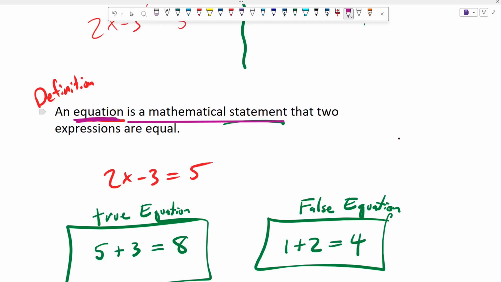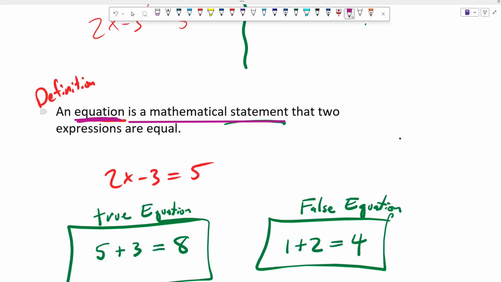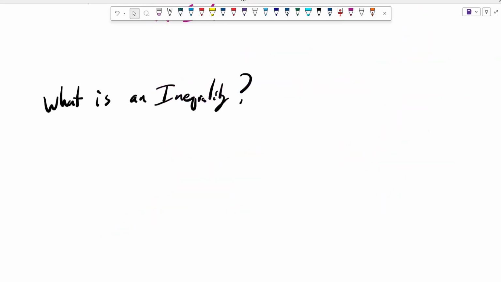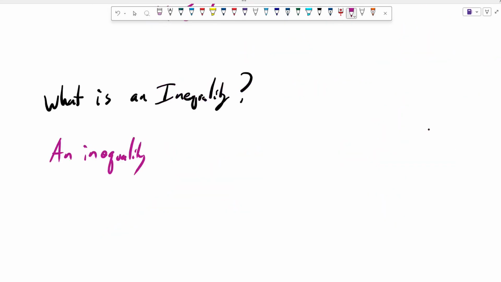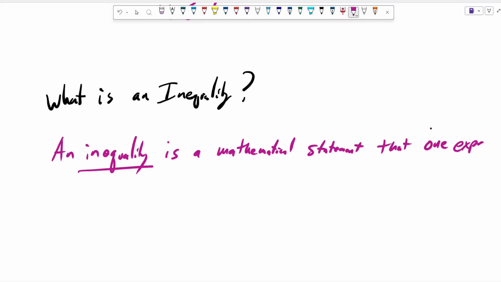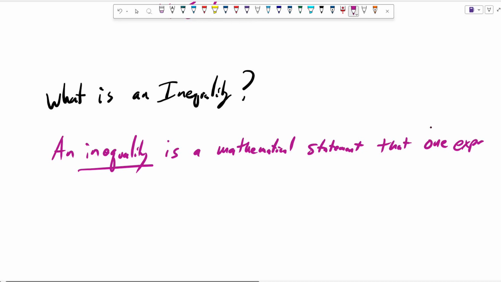Where the equation is a mathematical statement that two expressions are equal, instead it's going to be an inequality. We'll write this down in a second. An inequality is a mathematical statement that one expression is either less than, greater than, less than or equal to, or greater than or equal to another expression. So let me write that down.